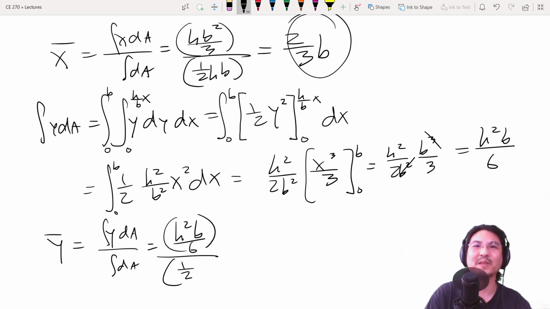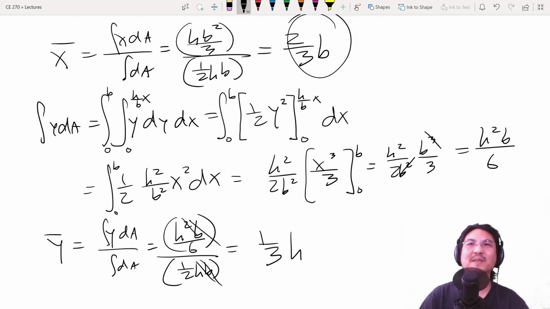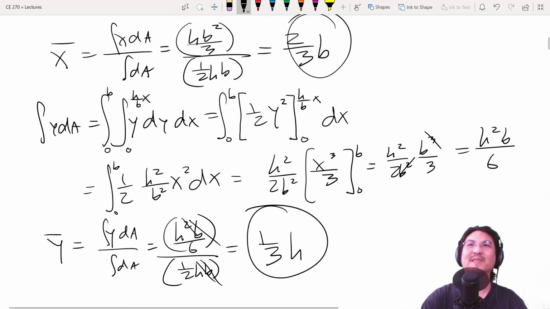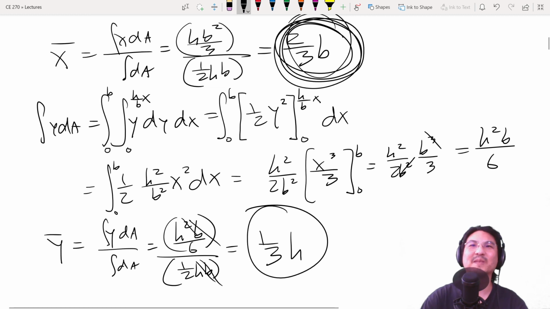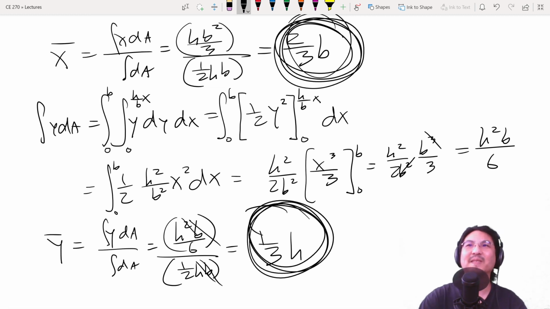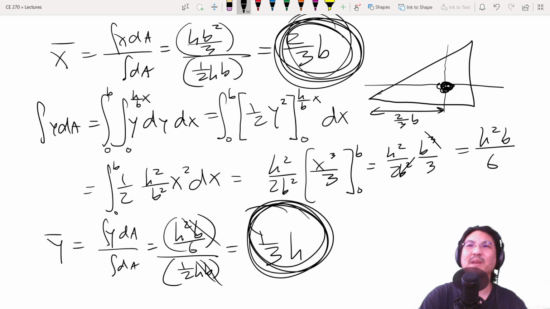The denominator was this, so that means 1/3, b cancels, h squared over h, 1/3 h. So there we go. These are the coordinates: 2/3 base, 1/3 height. So kind of like here, 2/3 base, 1/3 height.